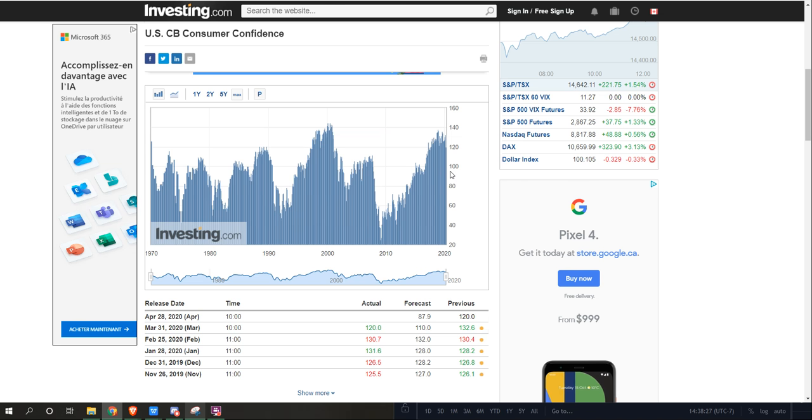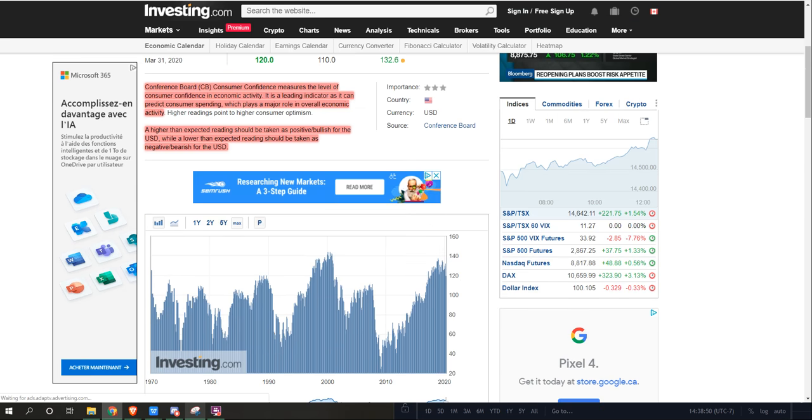We can see it's around 2016, 2015, but like anything, we can see the actual number go below the forecast, which would be pretty bearish. And these stats are slowly coming out as March is complete, so we will have to make sure that we're keeping up with these stats for the economy.